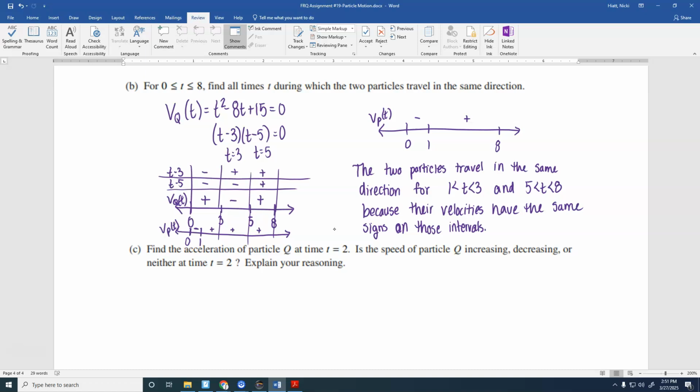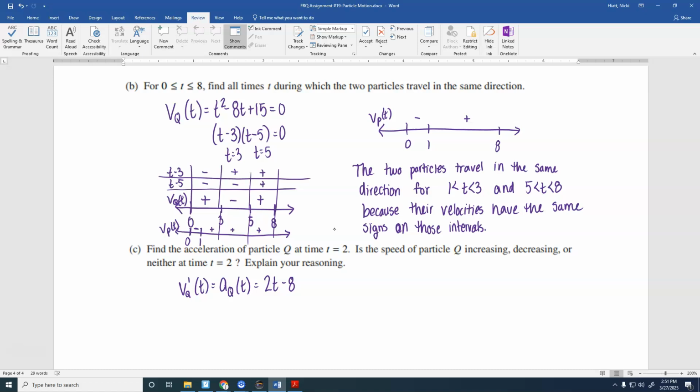This should be an easy point. What do I have to do to find the acceleration? Derivative of velocity. The velocity they gave us was a very simple velocity, so I'm going to have v sub q prime of t equals a sub q of t, and I'm going to get 2t minus 8.